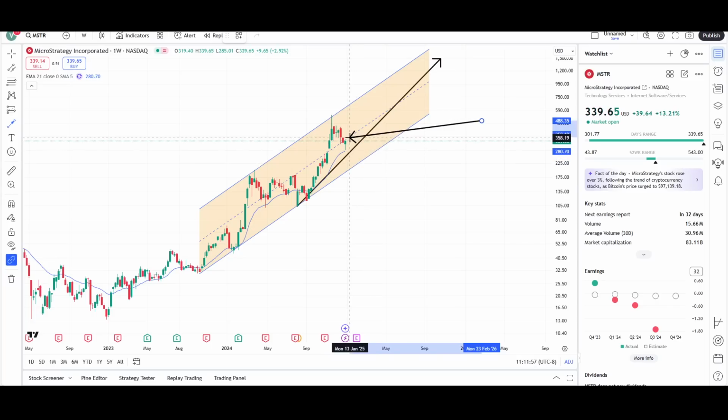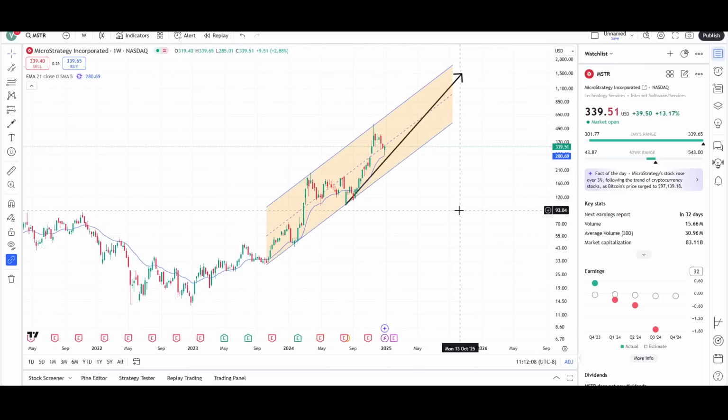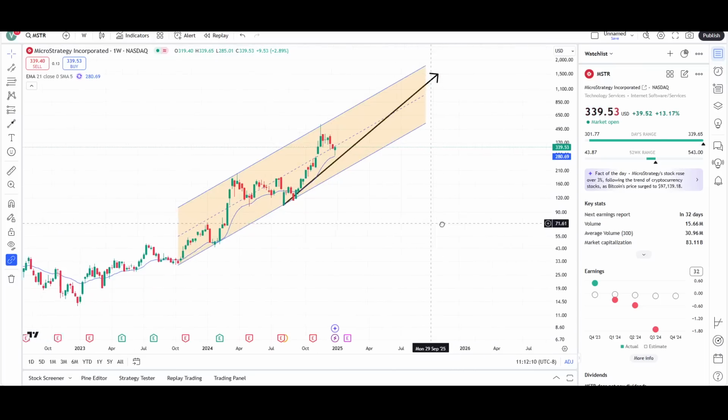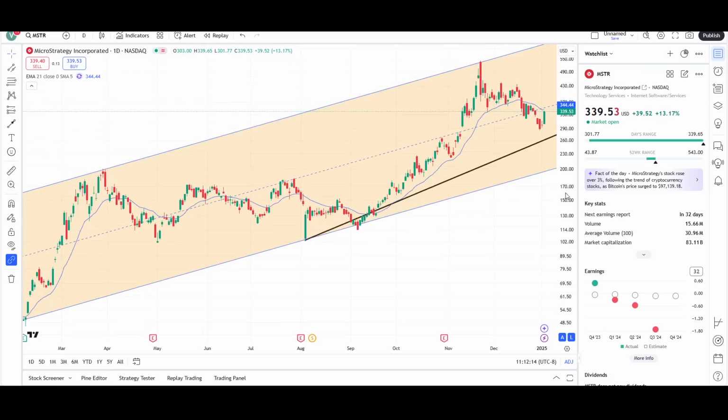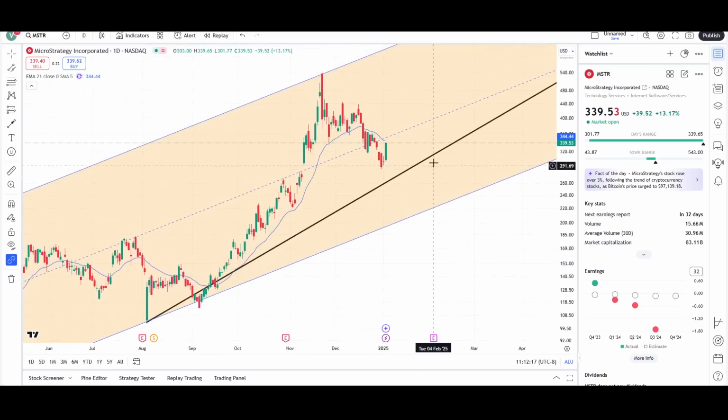But if we do see continued strong buying momentum, breaking above the 360 level, it's a very good sign. We're just going to come back probably much higher, probably back up to the prior all-time high. So overall, bullish long-term, and short-term looking very good. It's just not out of the woods yet of the bearish levels, but overall still looking very good for MicroStrategy.